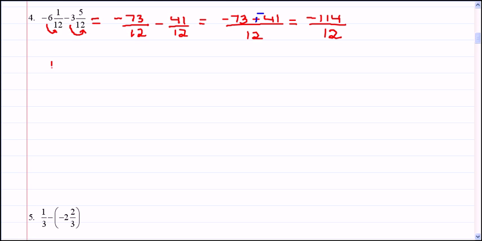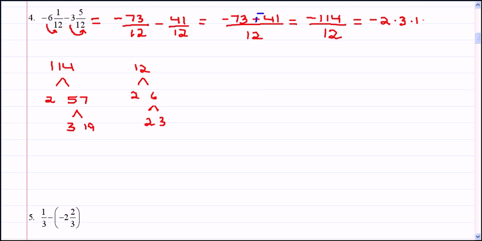So to simplify -114 over 12, I write the prime factorization of both numbers, so that -114 is -2 times 3 times 19, and 12 is 2 times 2 times 3.